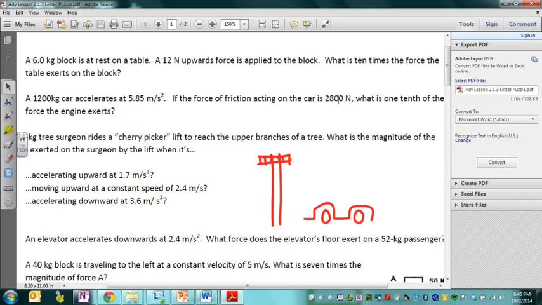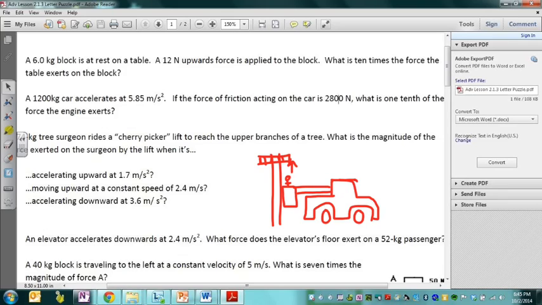In the back of that truck is going to be something called a cherry picker. So it's like an arm that comes out, and at the very end of that arm is a little bucket, and then our little guy stands in the bucket, and he's actually raised up in this bucket so that he can repair the telephone wire. So this thing right here is called a cherry picker.